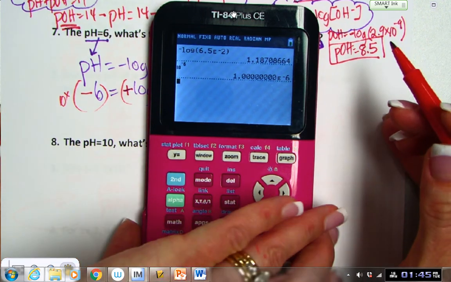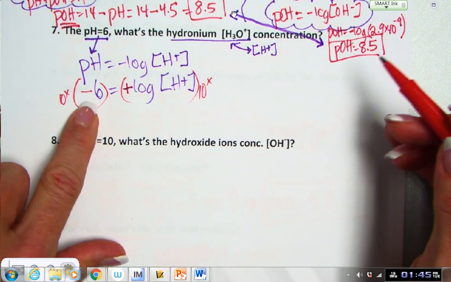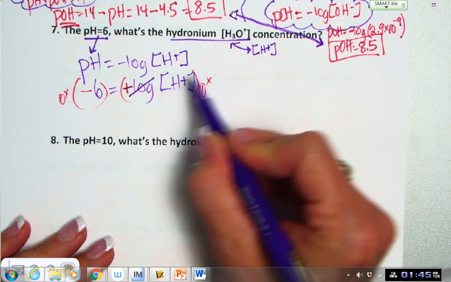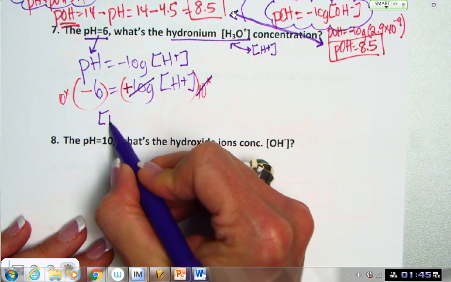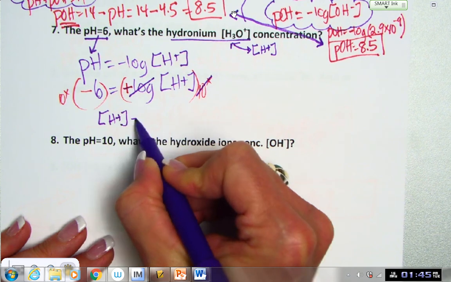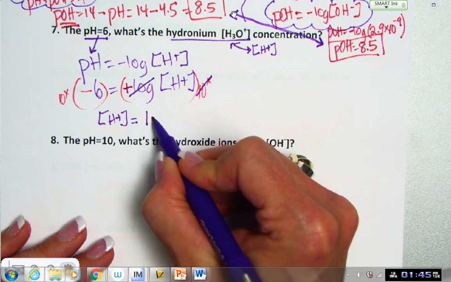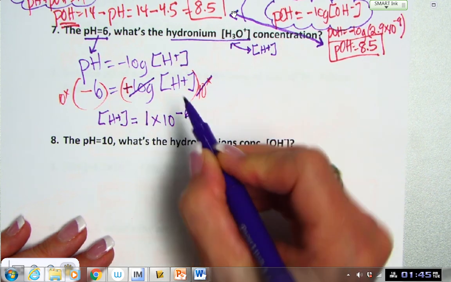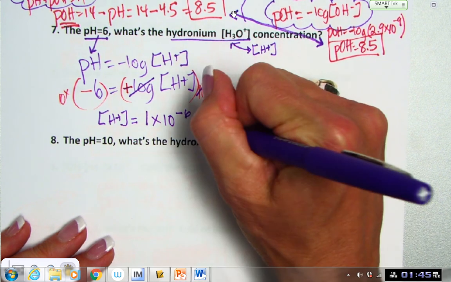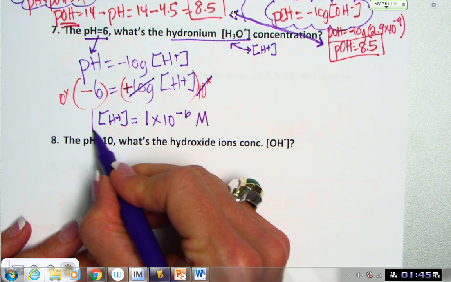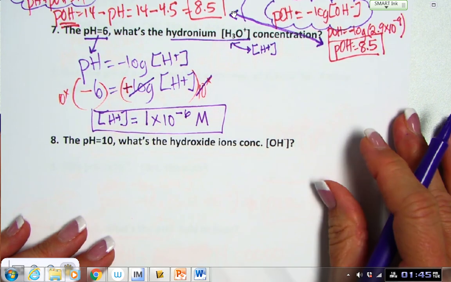And so your answer needs to be rounded to 1 sig fig. And keep in mind what we've done is we've isolated our variable, which is H plus. So what we're solving for, the hydrogen ion concentration, is going to be 1 times 10 to the negative 6. And since we're solving for a bracketed ion, it should have a unit. The unit is molarity. So here you go with the unit and the answer.